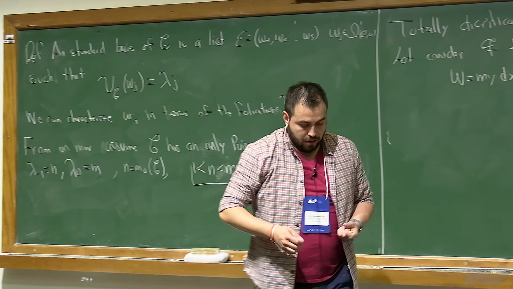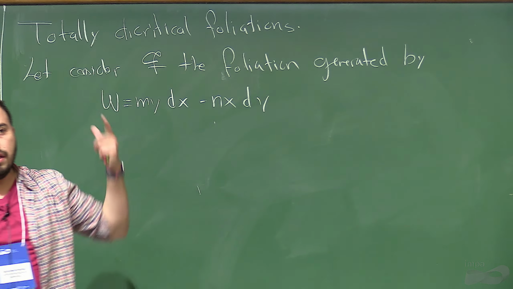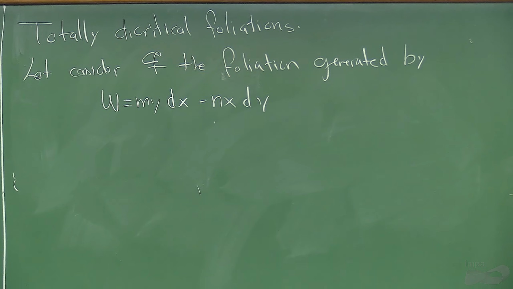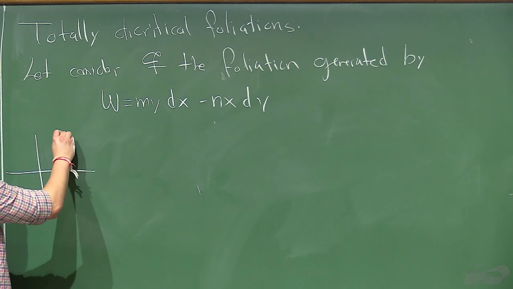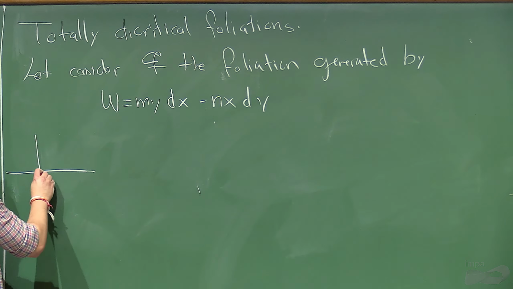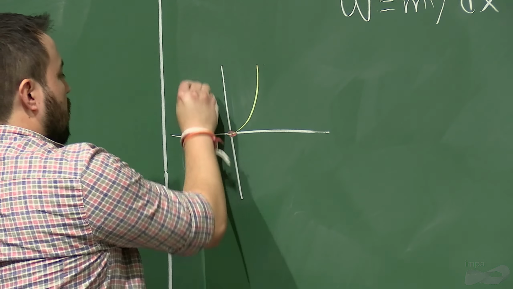Okay, so the origin is a singular point and is not a simple singularity, so we can desingularize the foliation, and the desingularization is given in the following way.